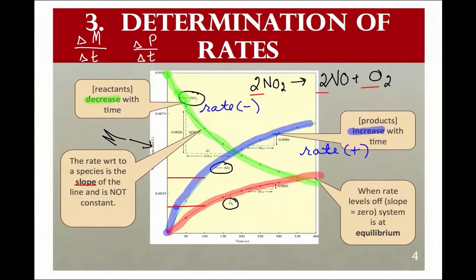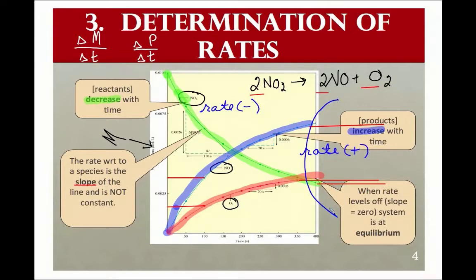Now, the other thing I want us to note, and we'll talk about this the next unit, but eventually these level off. They stop changing over time. Now, they may stop when the products are higher than reactants. When they stop, the reactants could be higher than products. There's a variety of ways that that can end, but eventually it appears as if this stops.